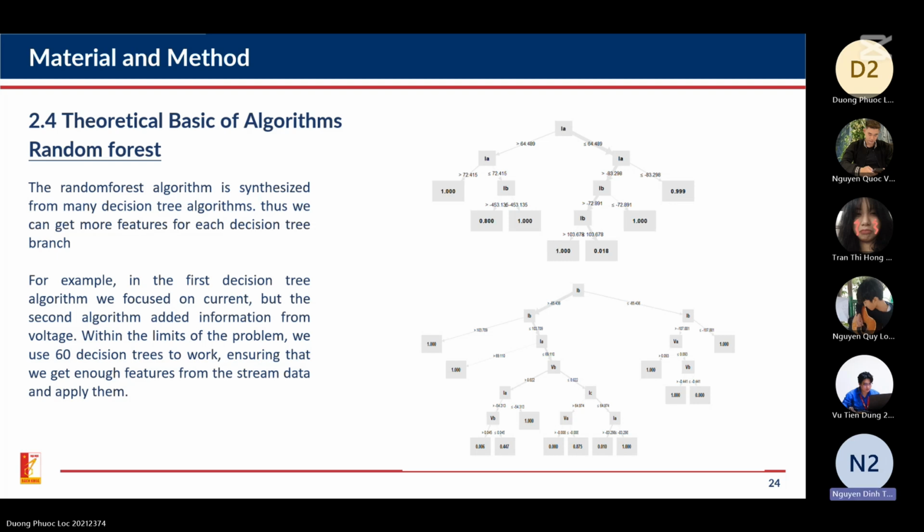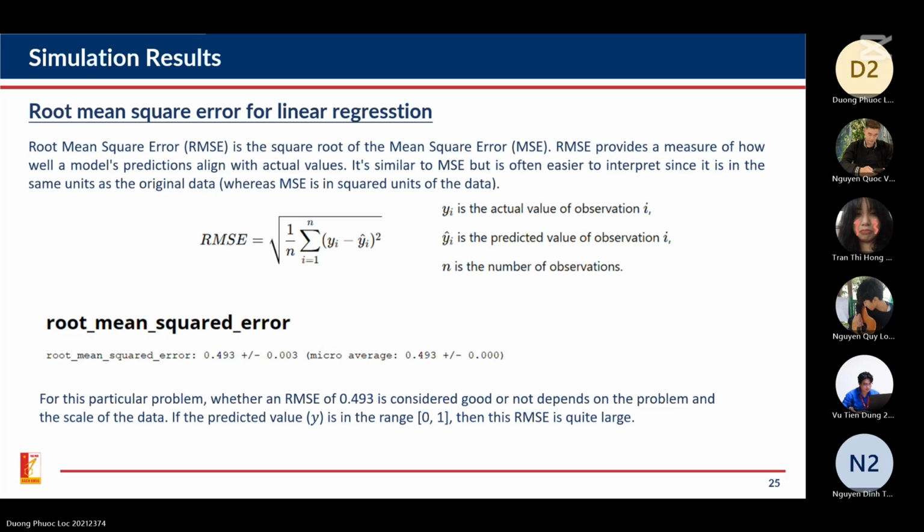Now it's a simulation result. As I say, we use the root mean square error for linear regressions. Root mean square error is the square root of mean square error.